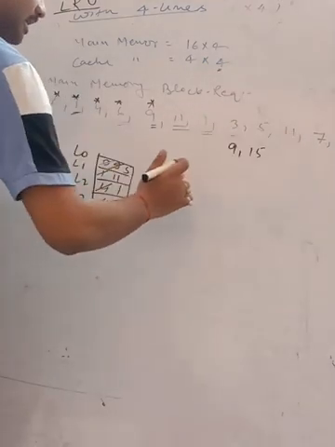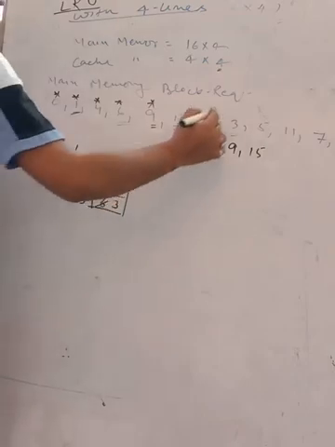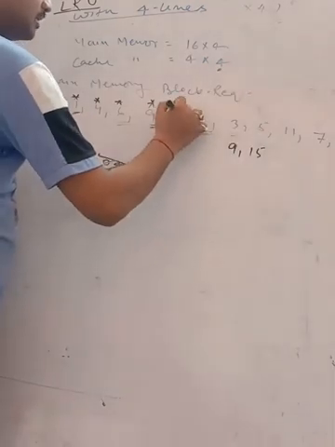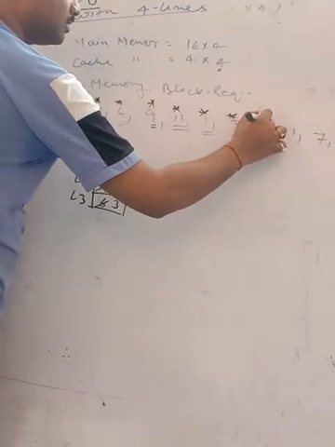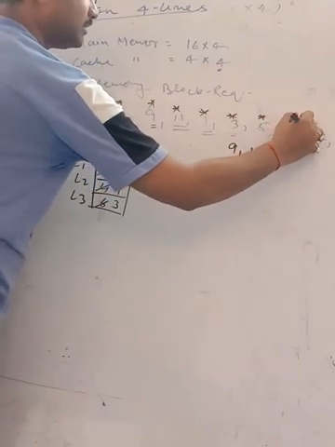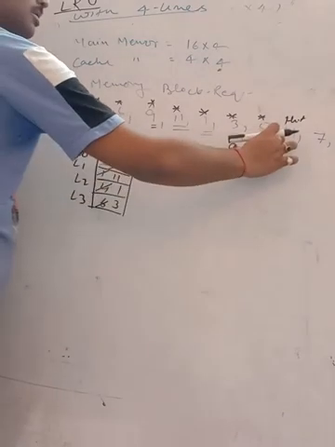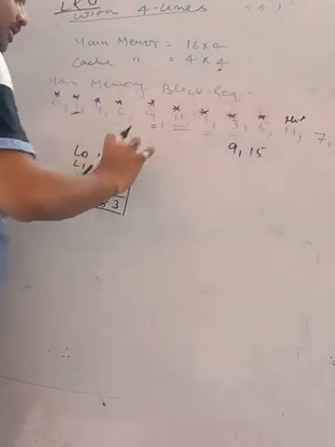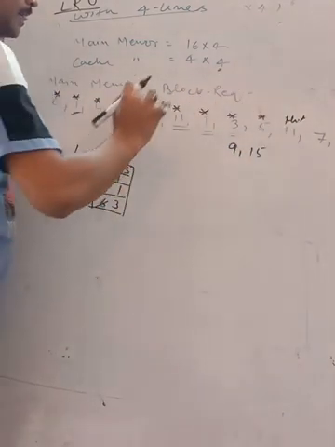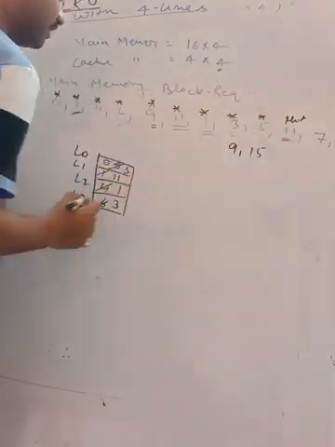When we talk about 11, all the earlier ones are misses, but this one is a hit. 11 is present here, so this is called a hit and we do not need to replace anything. Okay, so now the position of 11 is here.